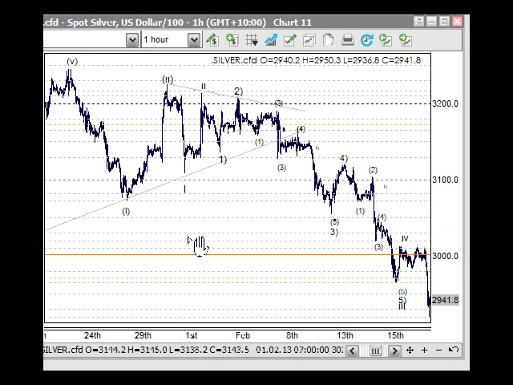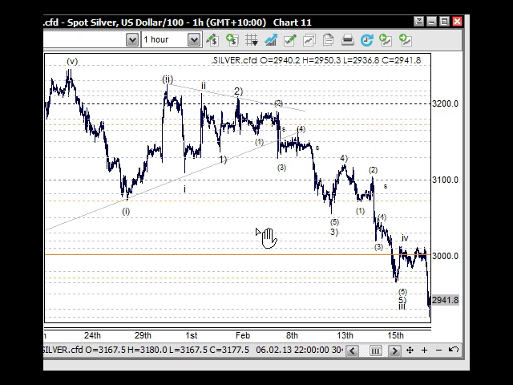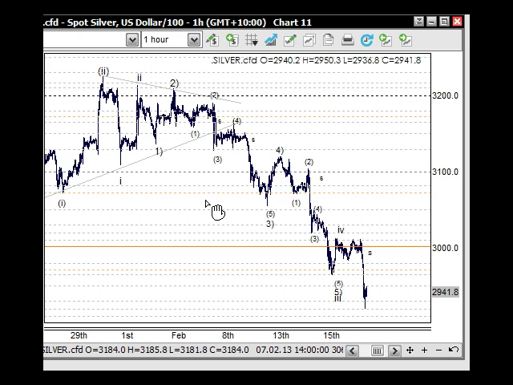The silver's much the same as well. While we're up here, we'll do this. We've got wave 1 down to here, wave 2 to here, and then obviously this is all the 3rd wave here, and this 3rd wave's unfolding in a whole series of wave structures there. So down for 1, back for 2, and then this is the 3rd wave down to this point here, and it may even be this point here.